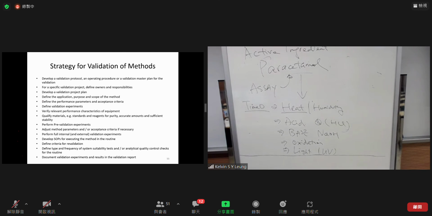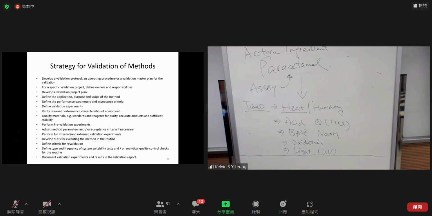So about the strategy, first of all, you have to plan it. You have to think what you want to do, and develop your whole project plan. You have to do some research on your analyte target, and also what kind of equipment you have to select which fits to analyze your target.